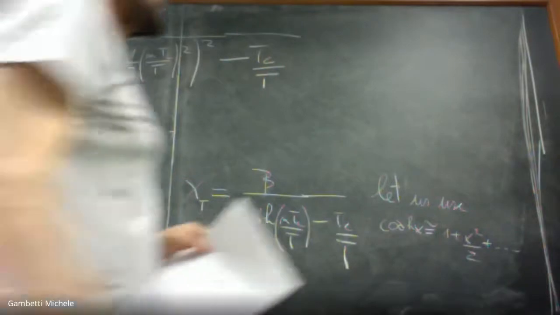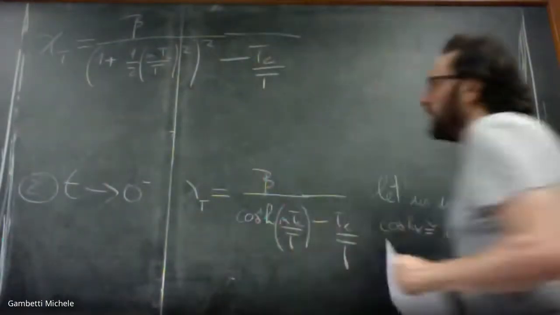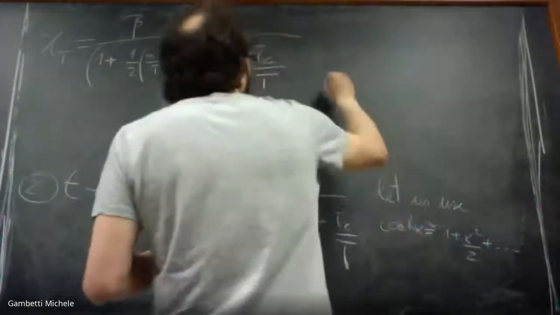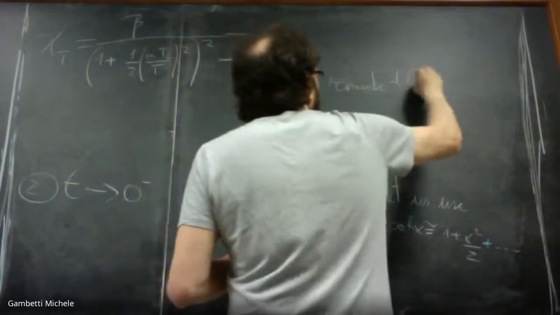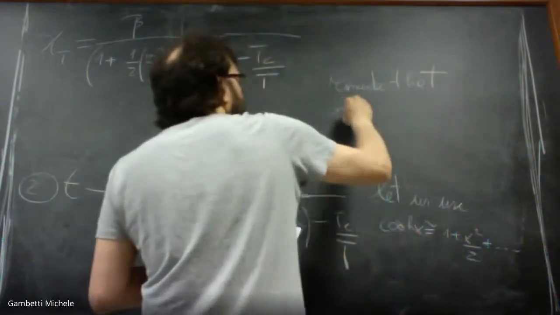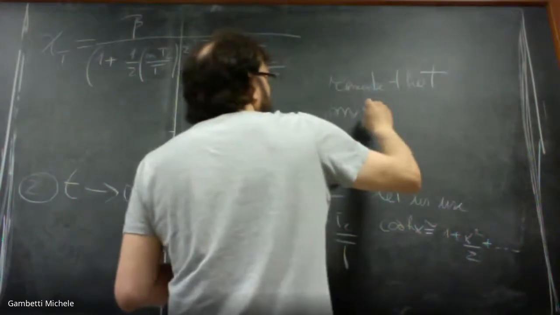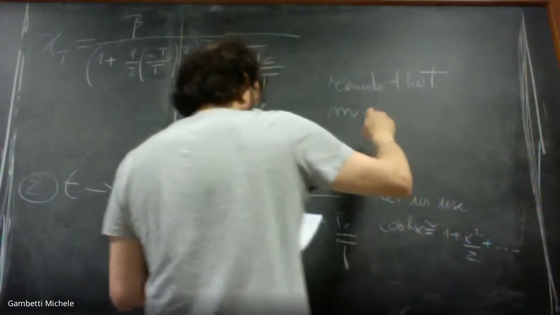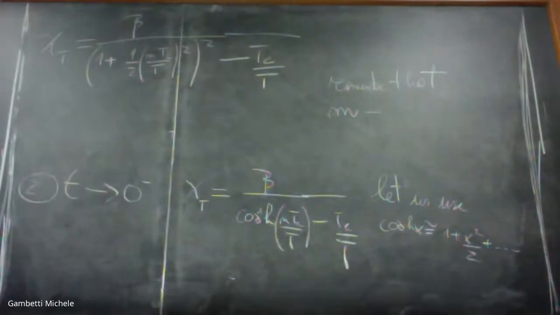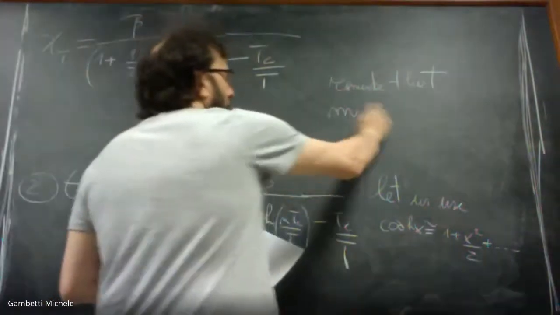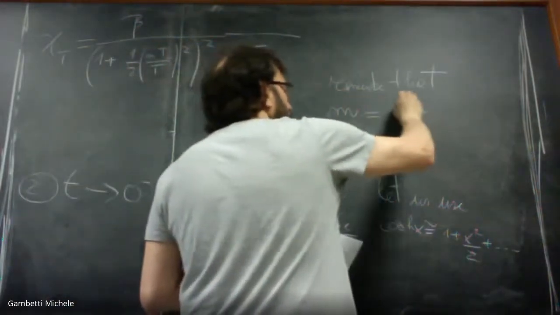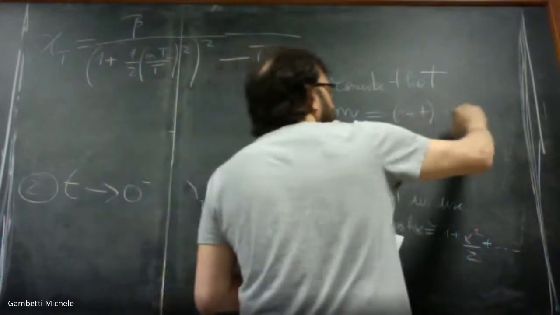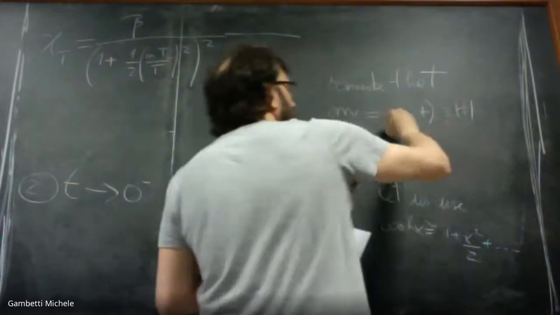Okay, so now the calculation is just a little bit of algebra, but let us remember that when approaching t equals 0, m was behaving as the square root of t, and actually there was also 1 plus t here, and then there was 3, and then there was this constant here.